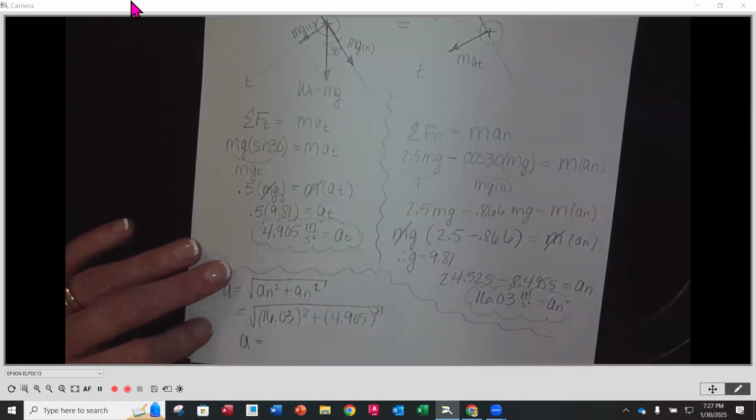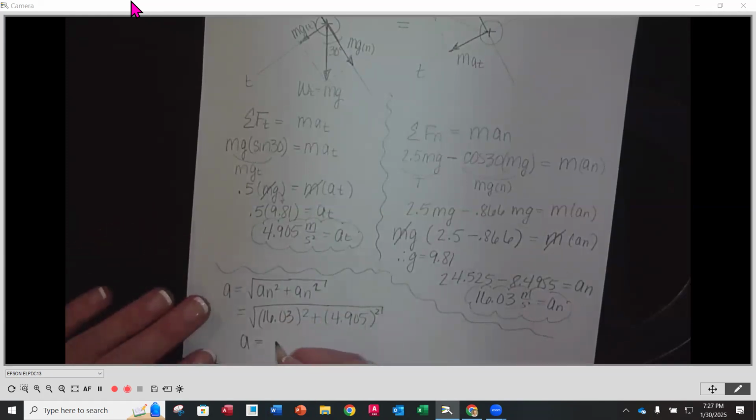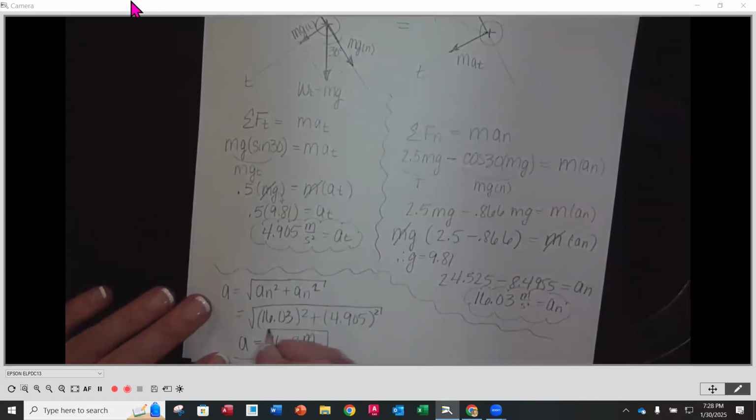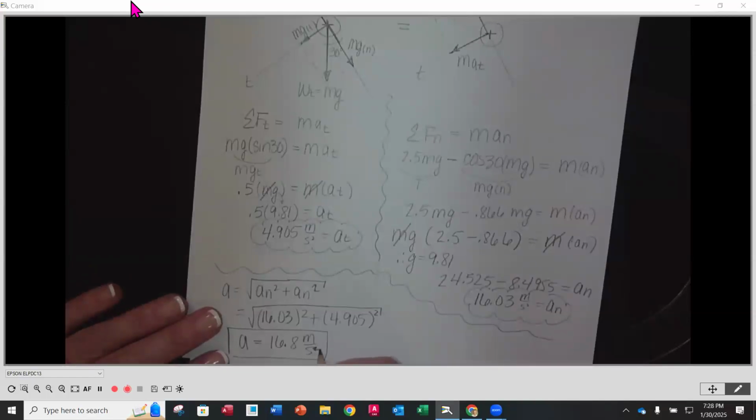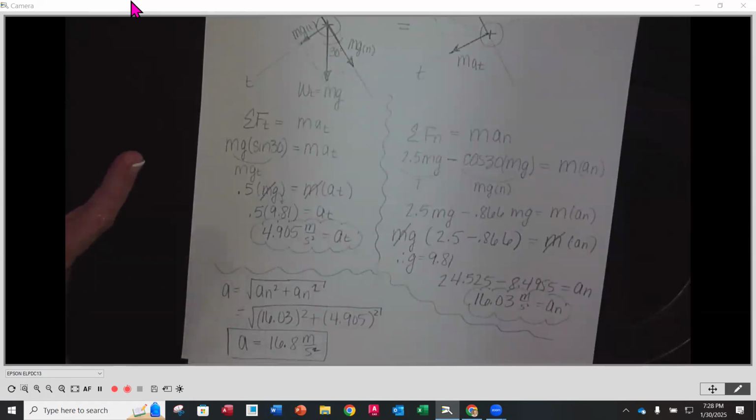So your total acceleration is going to be 16.8 meters per second squared. And this would be the final answer. Again, the sample problem in the book stopped short of that for some reason, even though they asked for it, but we're solving it as far as part of our sample problem.